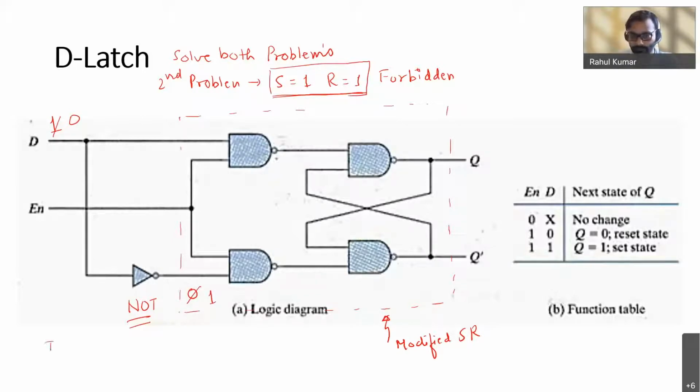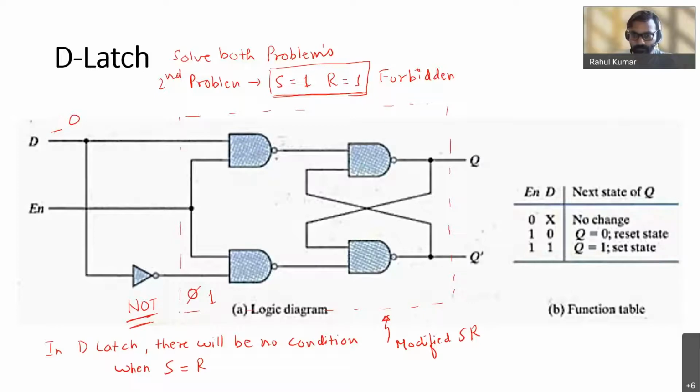So in the D latch there will be no condition when S is equal to R, because you have connected a NOT gate. So it will solve both of my problems.